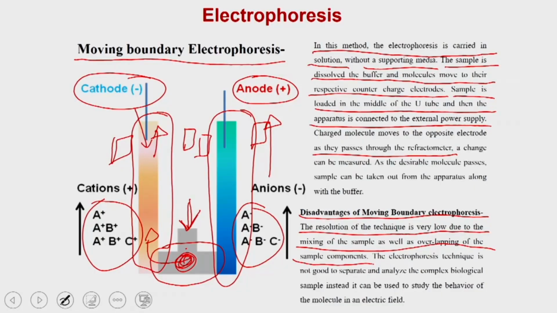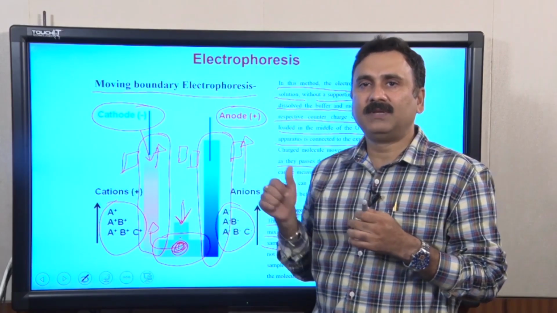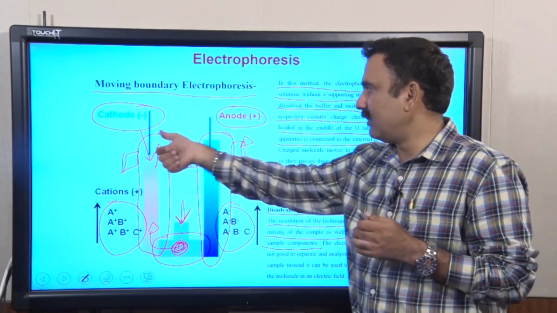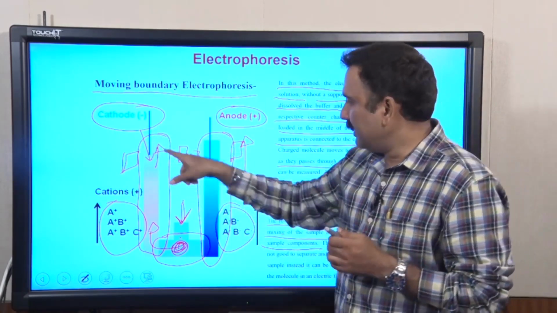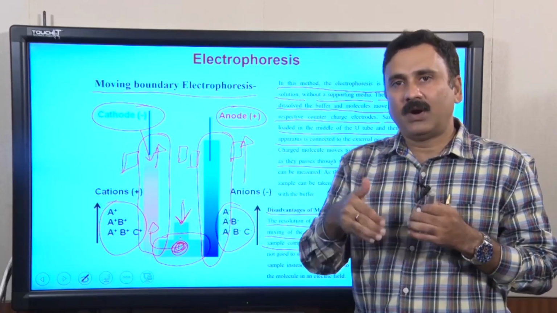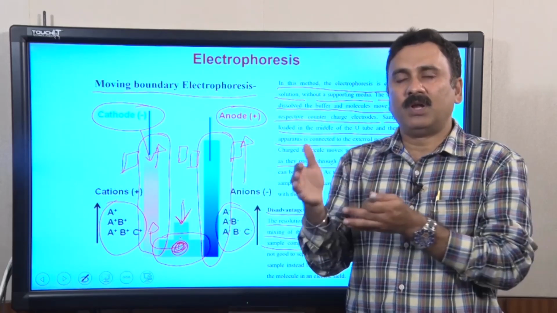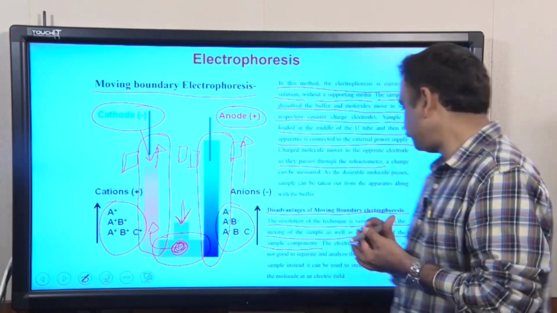Since it is done in a liquid media, there is no support system, so mixing of these molecules happens very frequently. As soon as you turn off the power, the molecules start mixing together, and when you try to take out molecule 1, some more molecules are also going to get mixed in.